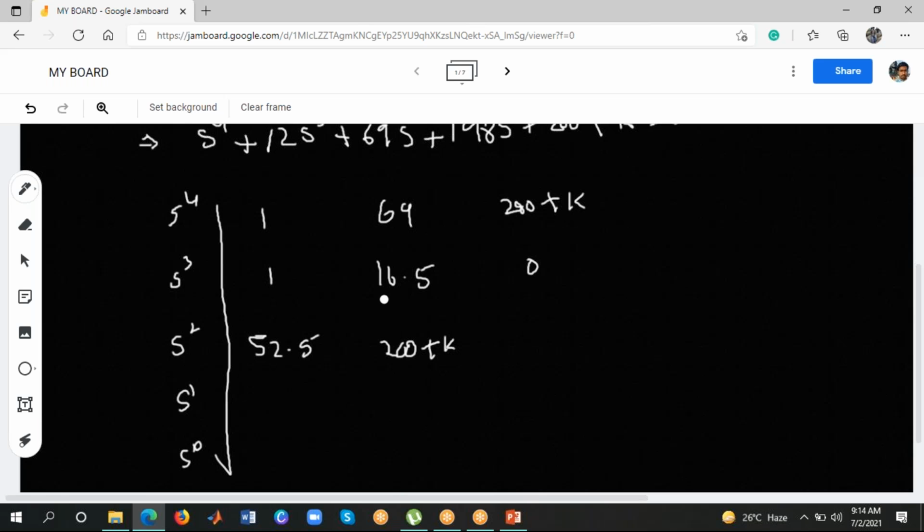52.5 into 16.5. You will get, what is the value? 52.5 into 16.5.